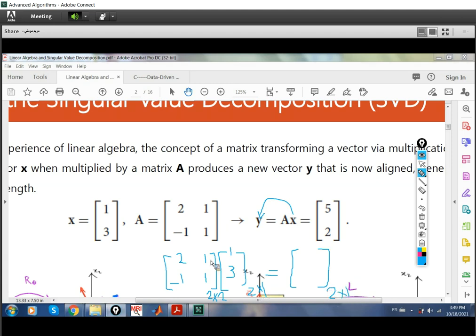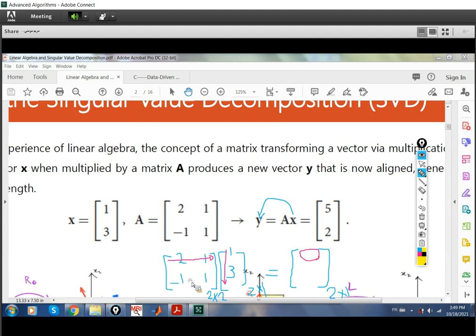You know this. And how does this matrix multiply? The first row is multiplied by this vector, and the result is the first value of the 2 by 1 result matrix.